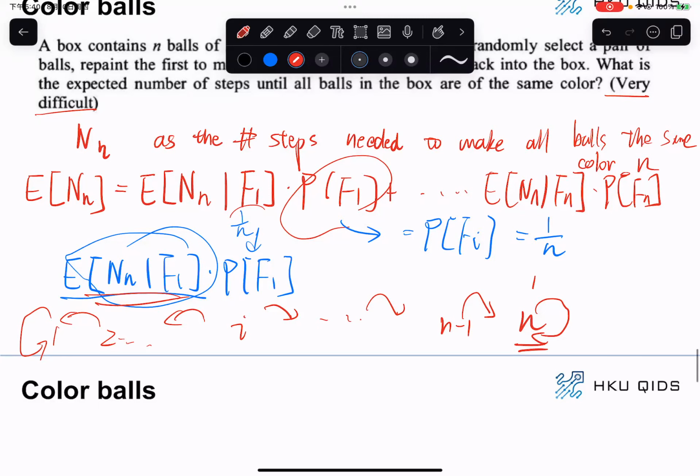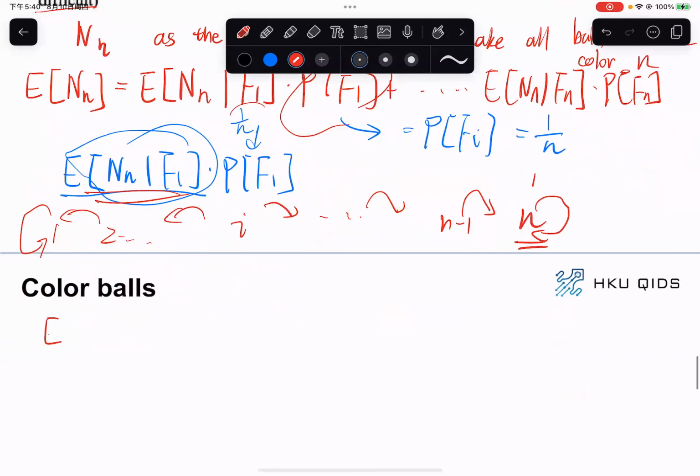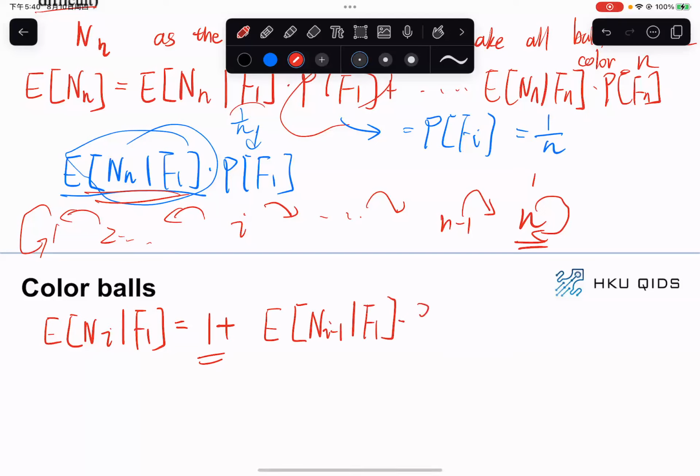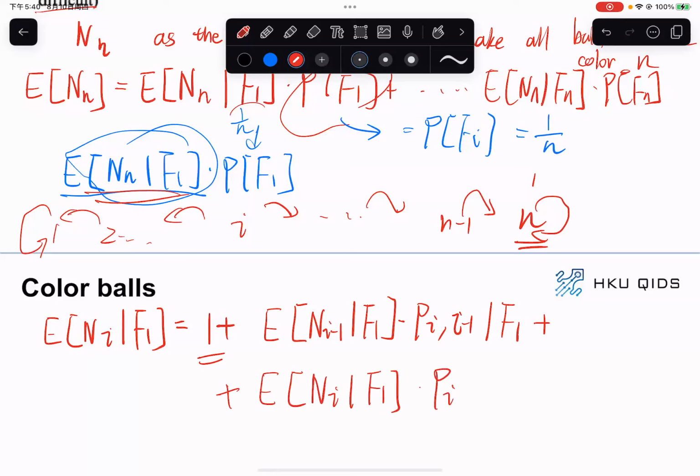So now we can list out the expected value of E_i given F1, which is just equal to, first, originally, we need to plus 1 at the very beginning. Do not forget that, right? It's going to be the expected value of E_(i-1) given F1 multiplied by probability (i-1) conditional on F1, and plus the expected value of still having E_i given F1 with probability i.